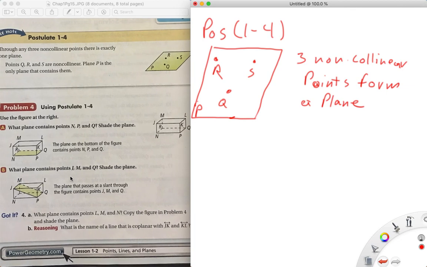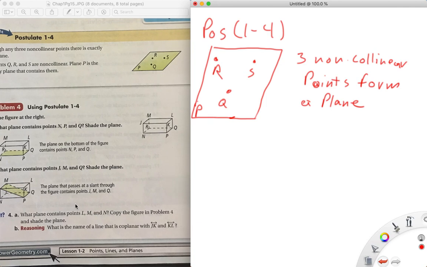So not only are the sides of the prism forming planes, you can also have planes that form diagonals within the prism itself. So 4a says what plane contains points L, M, and N? L, M, and N. So this would be a diagonal plane in here.